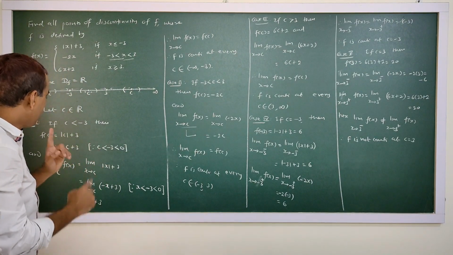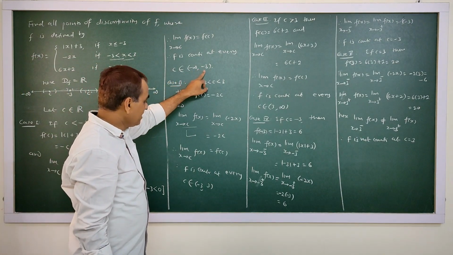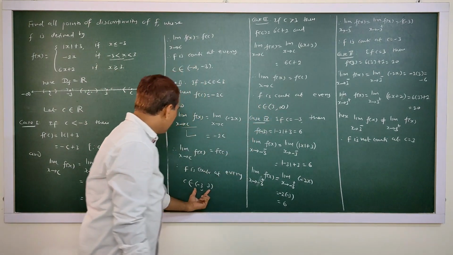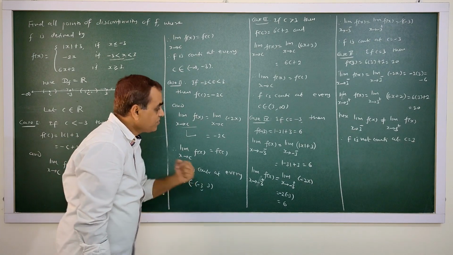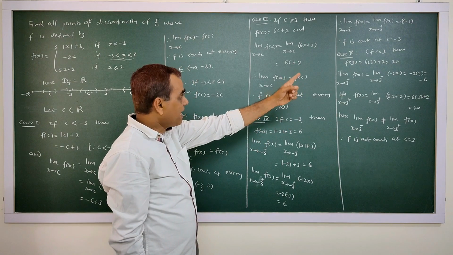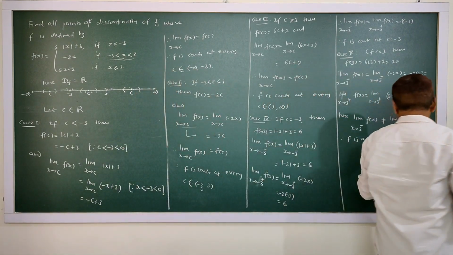So say, function is continuous from minus infinity to minus 3. It is continuous in 3 to infinity. It is continuous in minus 3 to 3. It is continuous at c equal to minus 3, but it is not continuous at 3.